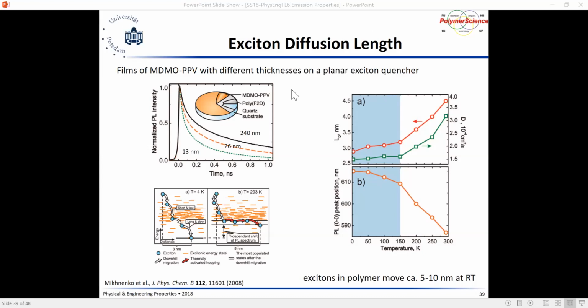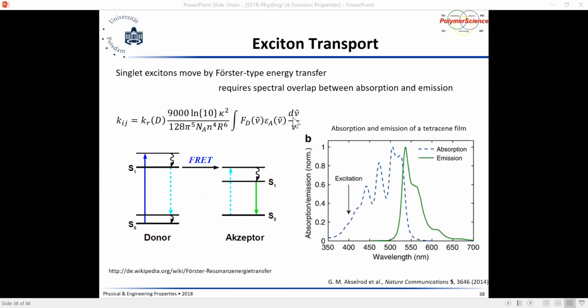One other thing that we can do, you can also determine the efficiency of FRET, the energy transfer, by comparing the fluorescence quantum yield of the donor system in the absence of the acceptor, and then comparing it with the fluorescence quantum yield of the donor once the acceptor is present.